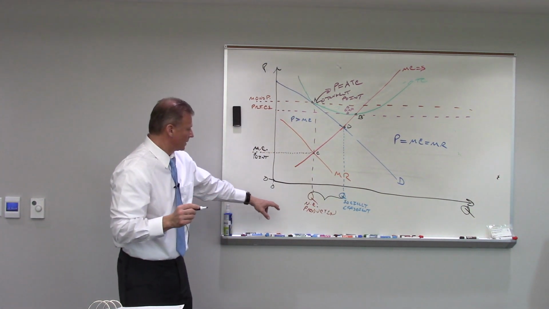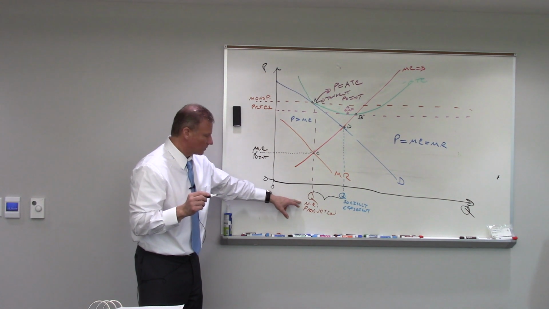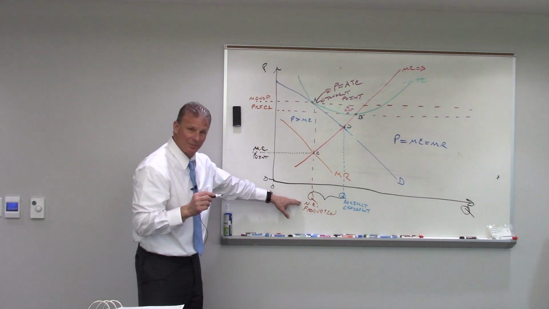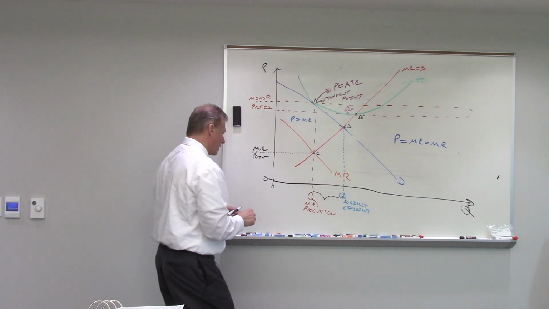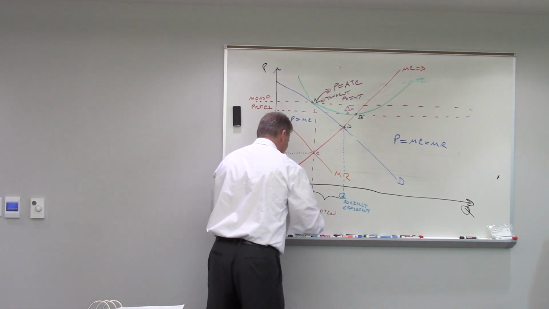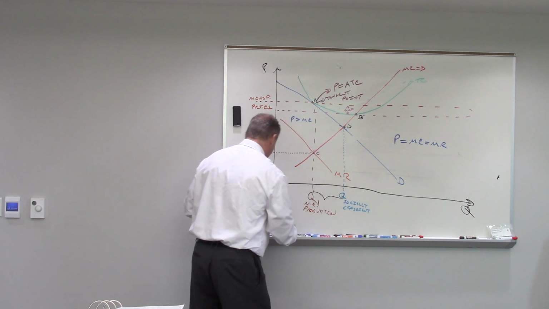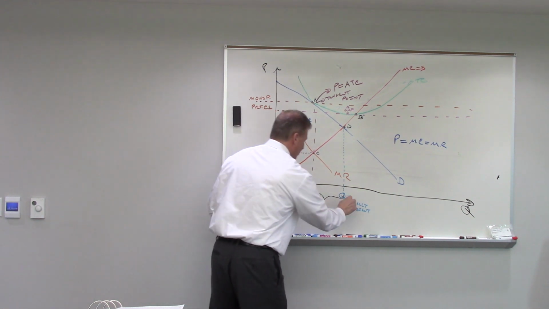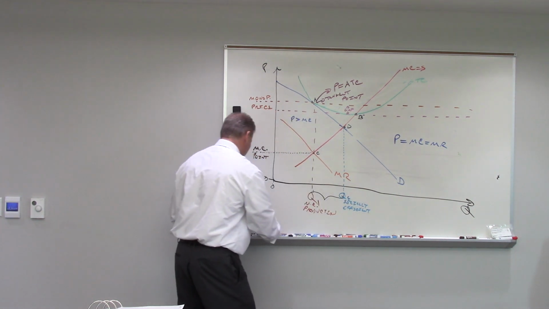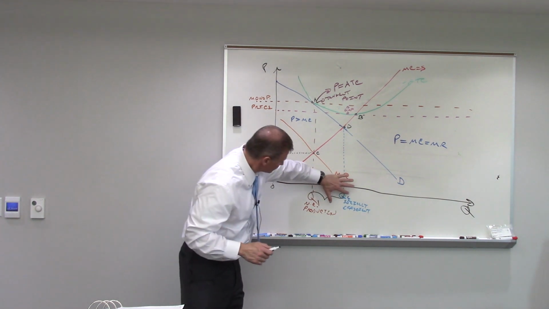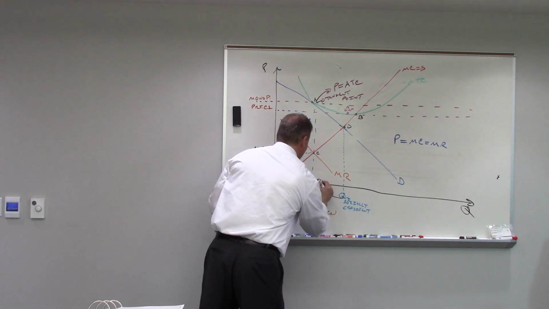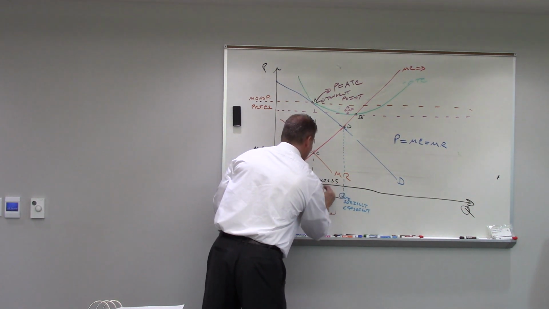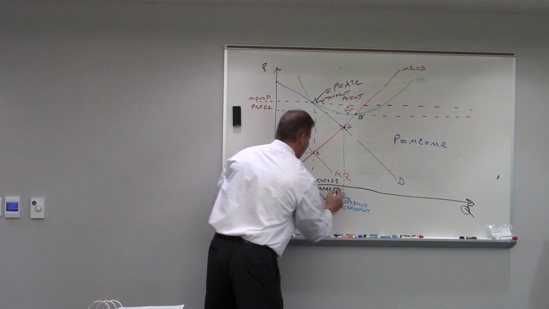So between Q, where we are talking about monopolistic competition in that production level, and Q, socially efficient. We can even do this, let's go with a little light brown here. We'll call that Q1, just to make it easy, and we'll call this Q2. The difference here is excess capacity.